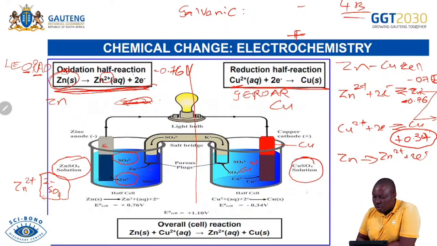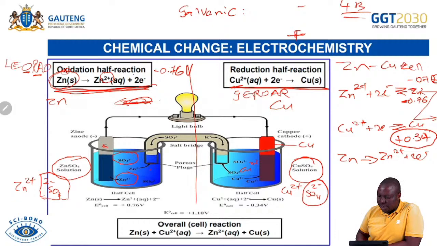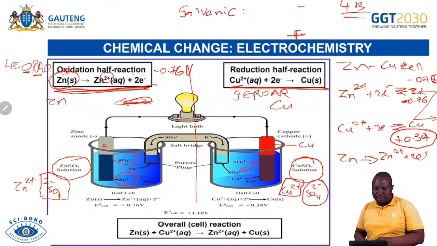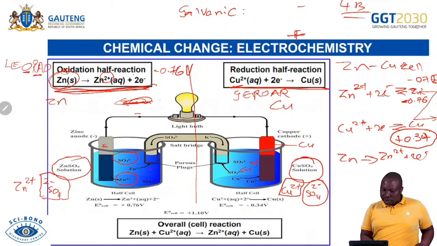You know the sulfate SO4 2-, as we've done that from grade 10, and then with copper is copper 2+. So you have your spectator there helping you, but our focus is copper 2+, to say copper 2+ in the solution will gain electrons. Remember, zinc is losing electrons, so the electrons are moving in the external circuit here. So you have your 2 electrons moving from zinc coming this side.